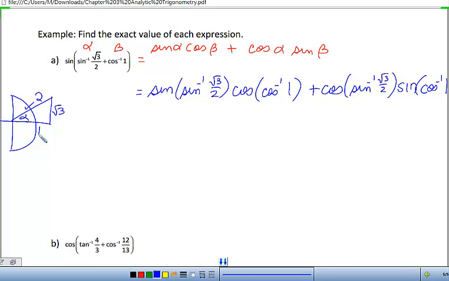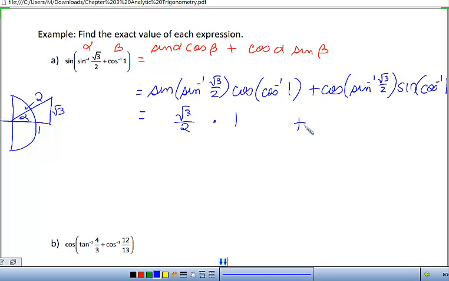However, we also know that sine and sine inverse cancel out. So we can just say sine of sine inverse of root 3 over 2 is root 3 over 2. Cosine of cosine inverse of 1 is just 1. But what about cosine of sine inverse of root 3 over 2?